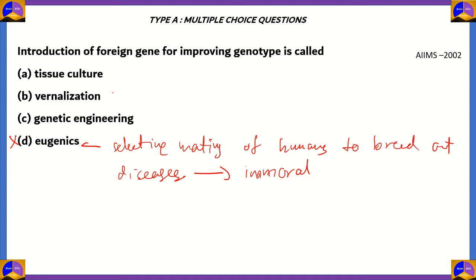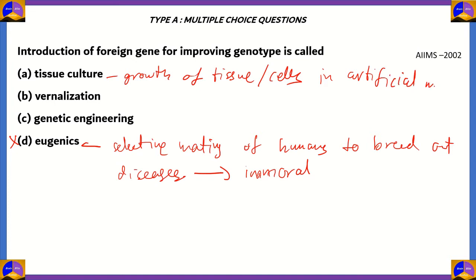If you look at option A, tissue culture refers to the growth of tissue, which is a mass of cells, in an artificial medium. So therefore option A, tissue culture, is incorrect.